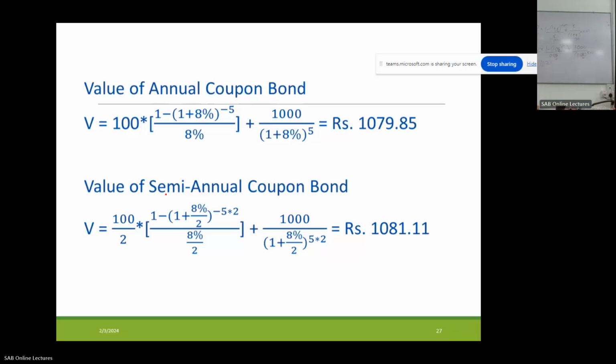What is the reason? Mathematically, it is because of the multiplication and the adjustment, and the compounding impact.